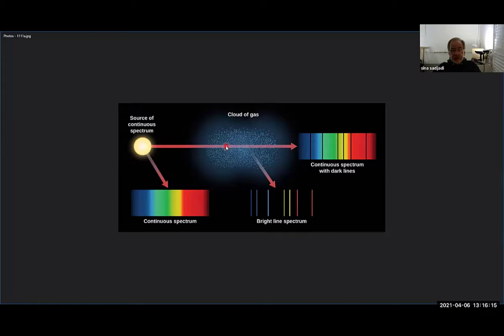On the other hand, when the light goes through the gas and the photons take the electrons from a lower orbit to a higher orbit, in other words, absorption, then the light is gone. In its place, we get dark lines. That's called absorption spectra. So here, as an example, this black line is produced by an electron in a hydrogen atom.